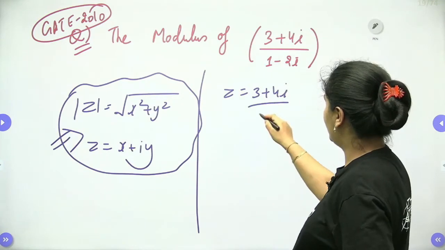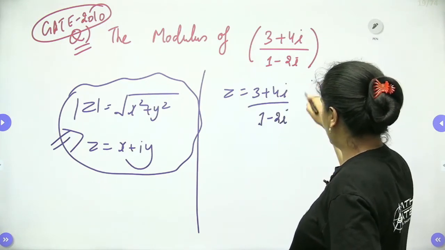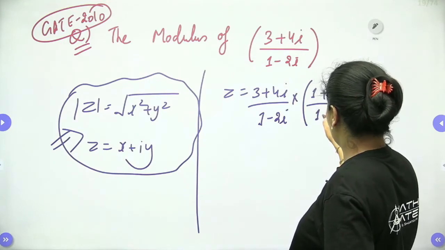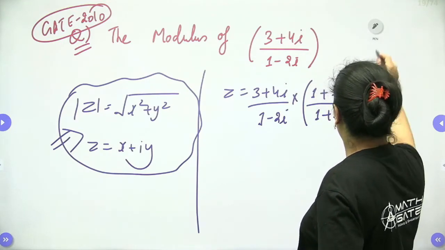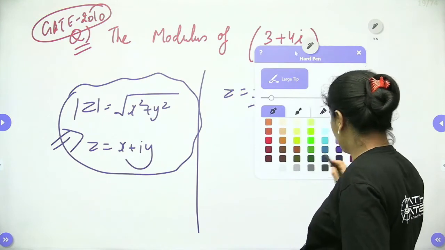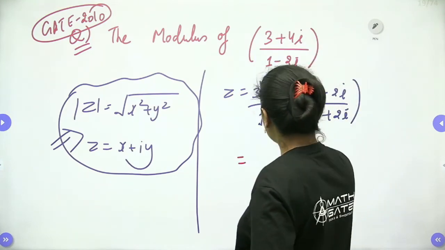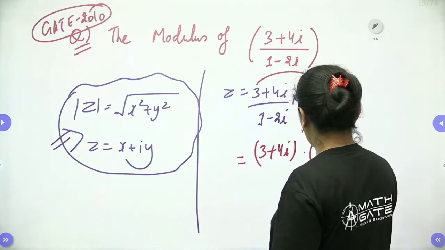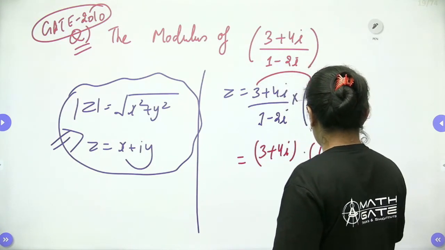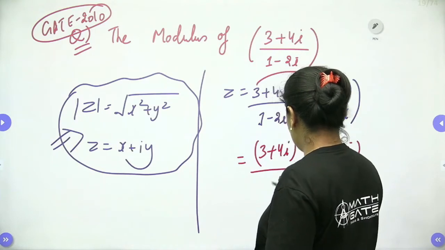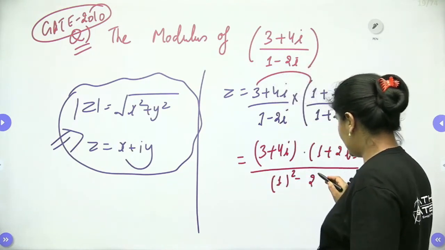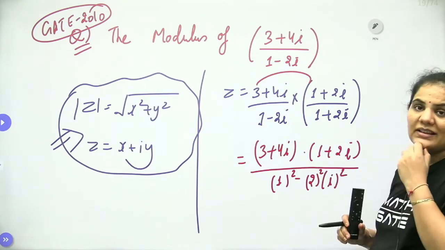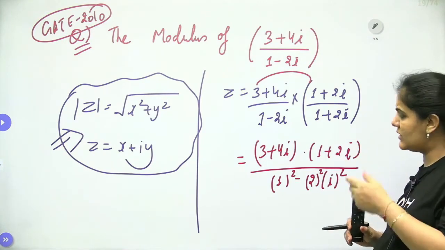We have (3 plus 4 iota) divided by (1 minus 2 iota). Let's rationalize by multiplying with (1 plus 2 iota) divided by (1 plus 2 iota). The numerator becomes (3 plus 4 iota) into (1 plus 2 iota), and the denominator is 1 square minus 2 square iota square, in the a square minus b square form.